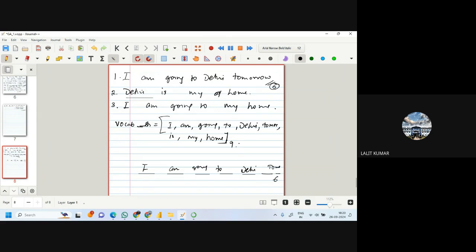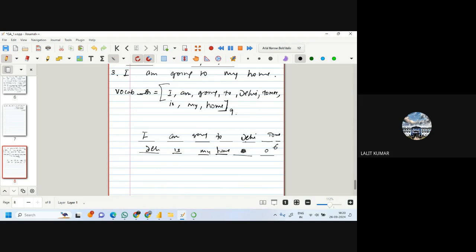Second, I will feed Delhi is my home. Here I have two choices: either I can do padding at the end or I can do padding at the start. If I pad at the end, it becomes Delhi is my home, 0, 0. The third time I will feed I am going to my home. Again it is 6.